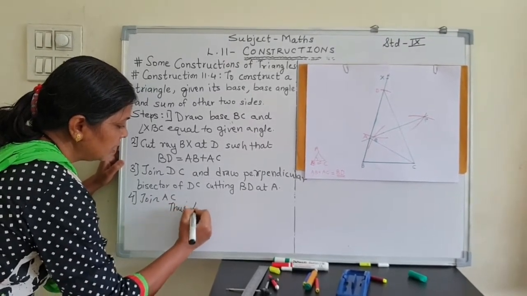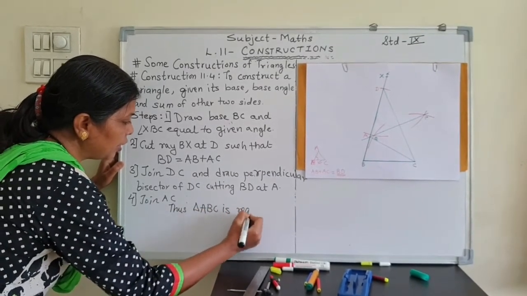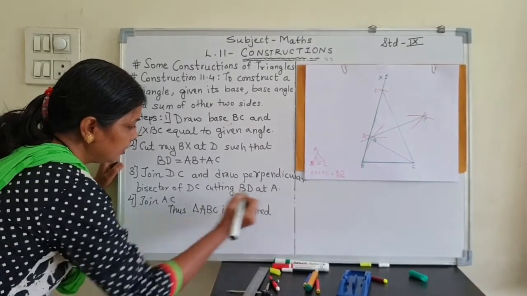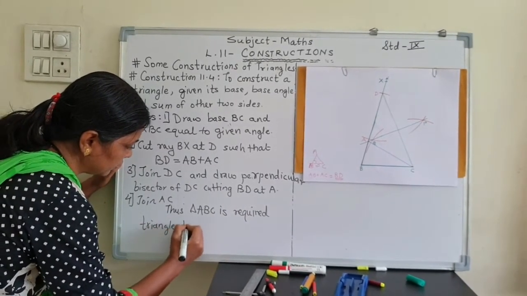Thus, triangle ABC is the required triangle drawn.